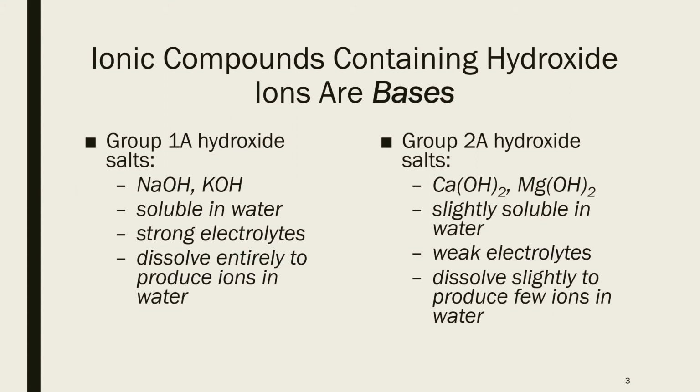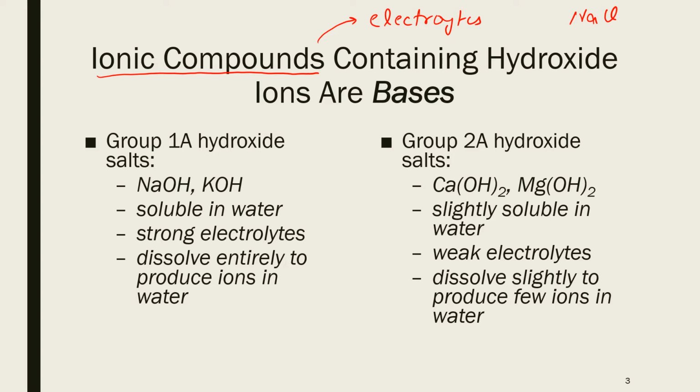In the previous chapter, we learned that ionic compounds are electrolytes. By electrolytes, we mean that when we dissolve ionic compounds in water, they will conduct electricity throughout the water. For example, NaCl is an ionic compound and it is also an electrolyte.